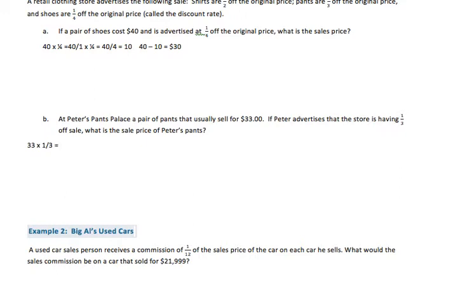Need to turn 33 into an improper fraction by putting it over 1. Then multiply straight across, giving you 33 over 3, which simplifies to $11. Again, that is the discount, so we need to subtract from the original price, which will give us a sales price of $22.